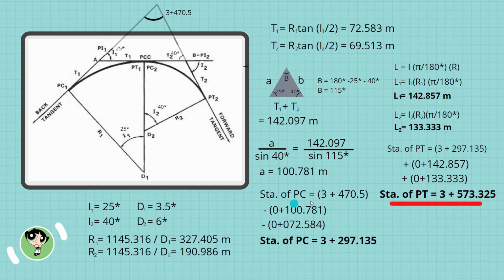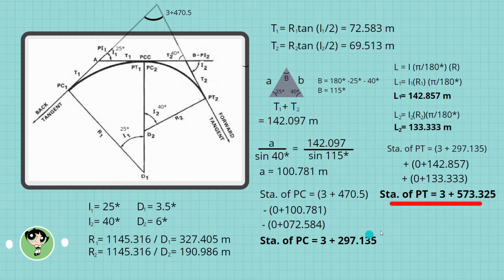Now we can solve our station of PC. The 3,470.5, which was given earlier, is the station of our vertex. So, 3,470.5 minus A, which is 100.781 meters, minus our tangent of the first curve, which is 72.583 meters.